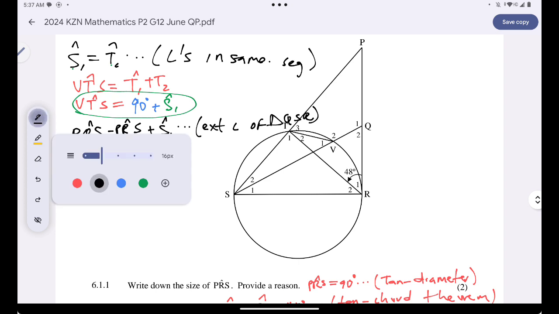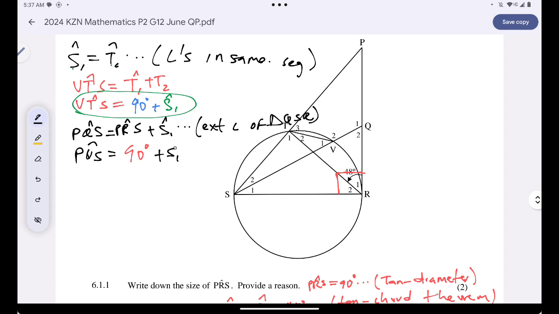So now I know that this is an exterior angle of triangle QSR. I know that angle PRS is equal to 90 degrees because of tan radius. So I can simply say angle PQS is also equal to 90 degrees plus angle S1. So we said VTS is 90 degrees plus S1, PQS is 90 degrees plus S1.